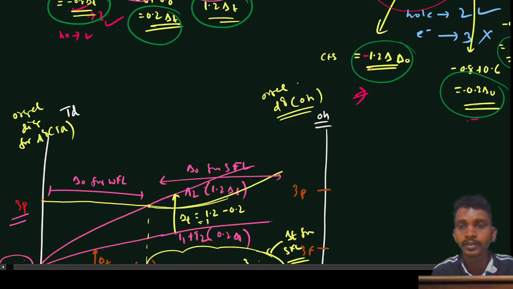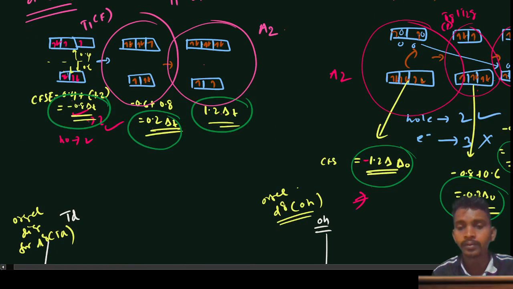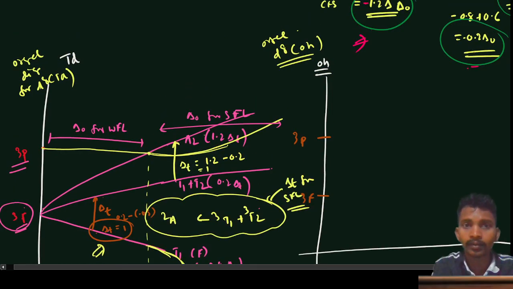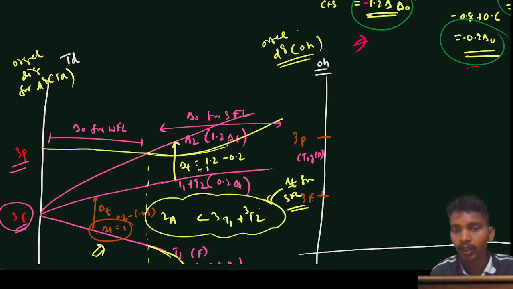This is the ground state, that is for A2G. This is for the ground state and this is for the excited state. The ground state is T1GP.